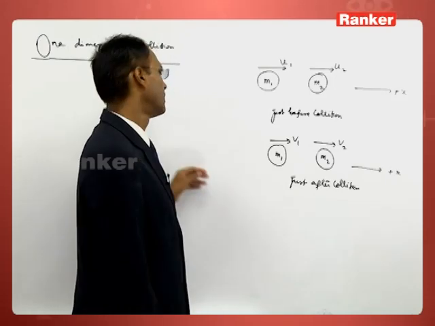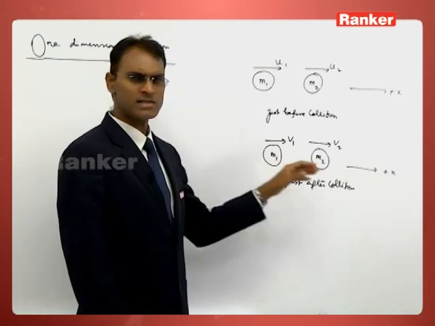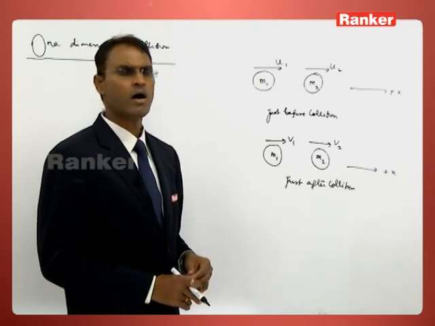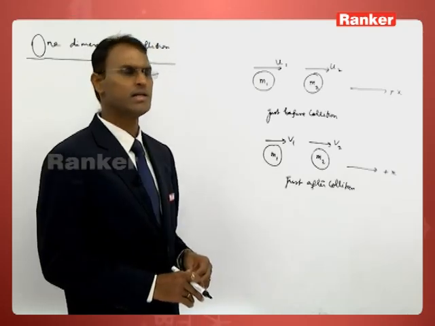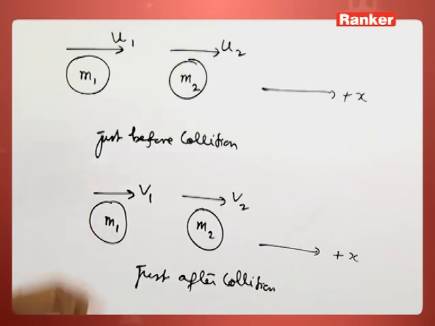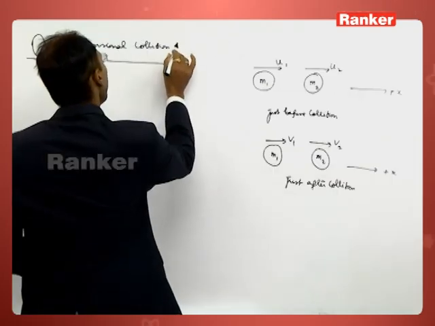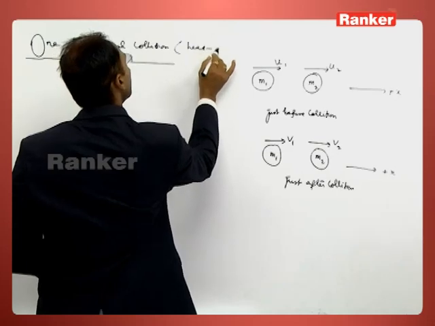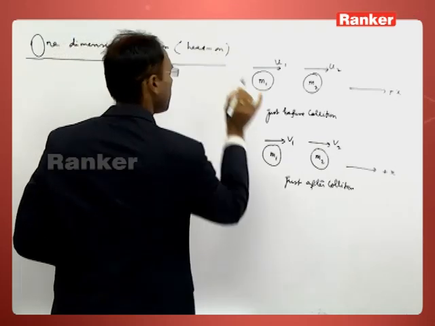Either it is the x direction, or the y direction, or the z direction, or along any line. When the collision takes place along a line and simultaneously the bodies move along that line, that collision is said to be a head-on collision. Therefore, one dimensional collision can be called head-on collision.